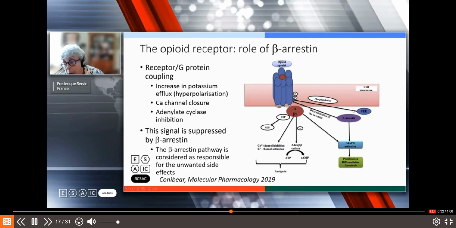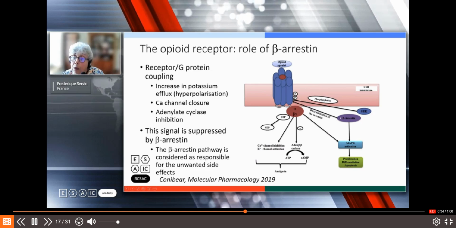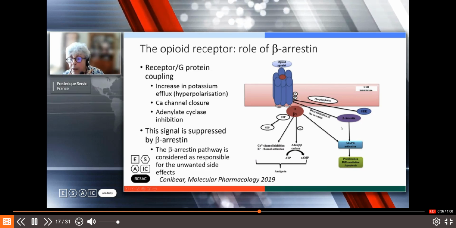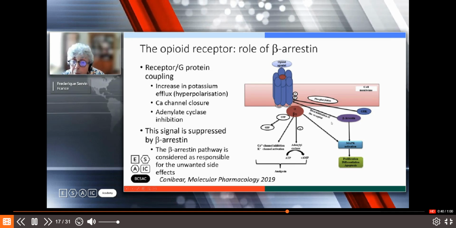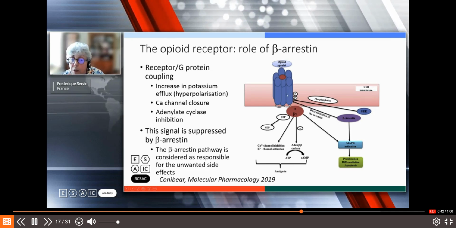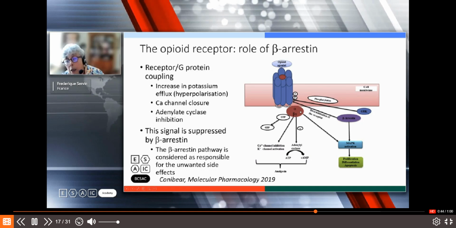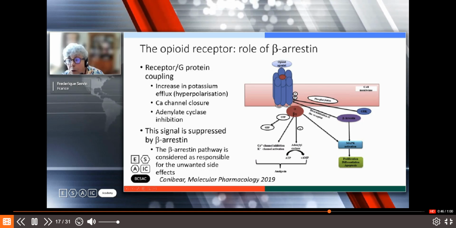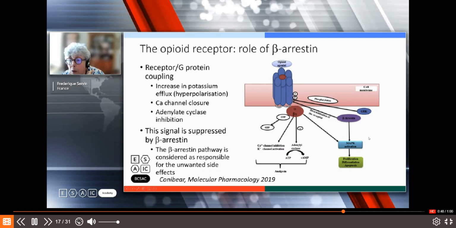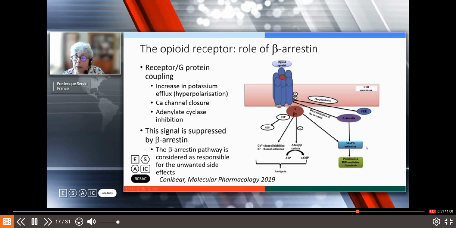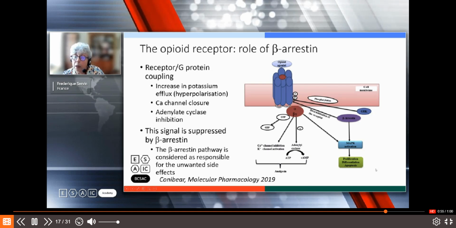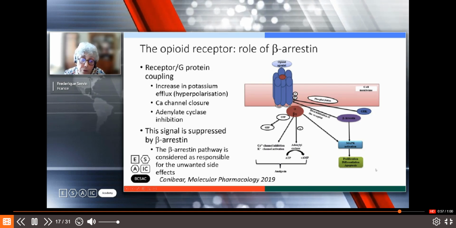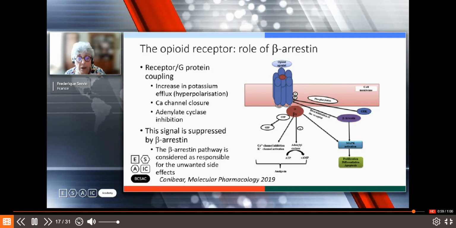And this will act through another molecule, which is called the beta-arrestin. The role of the beta-arrestin is to uncouple the receptor and the G protein, leading to the end of opioid action. But it also stimulates the MAPK and thus has an important role in the generation of the unwanted side effects.